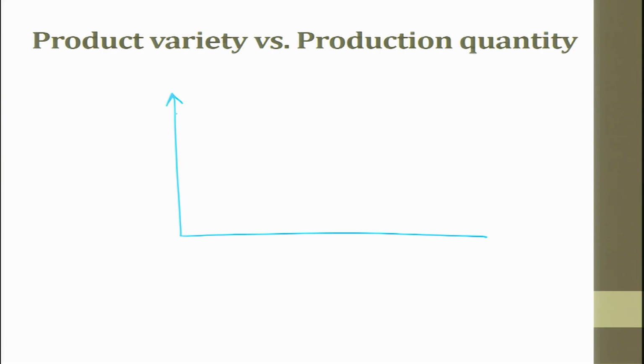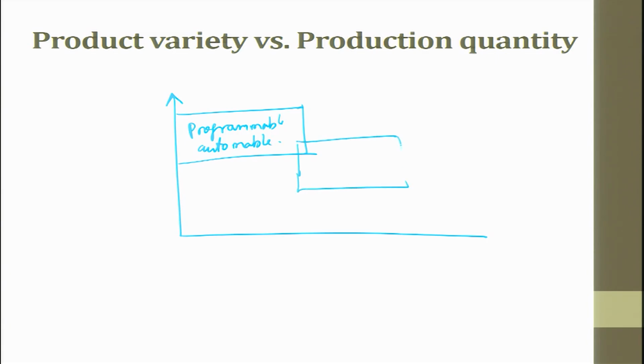So, here you have programmable automation, then we have flexible automation, and last we have fixed automation.